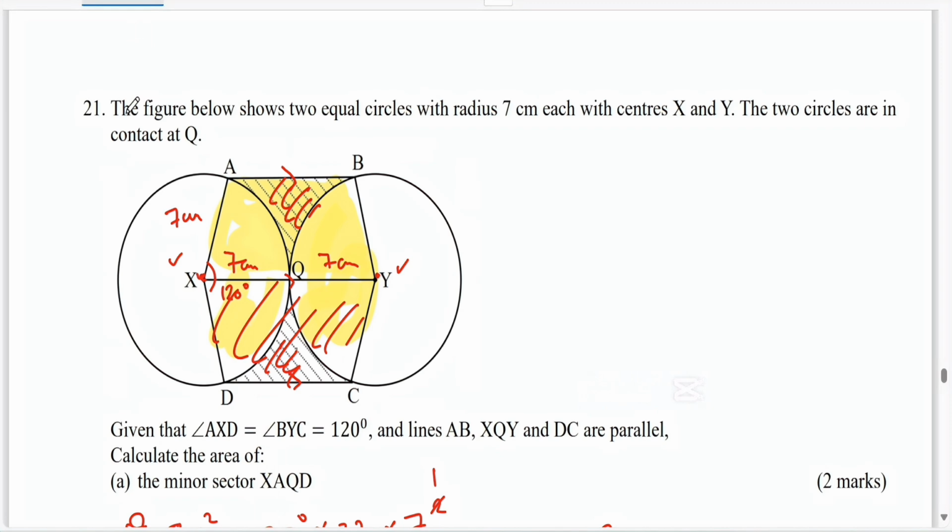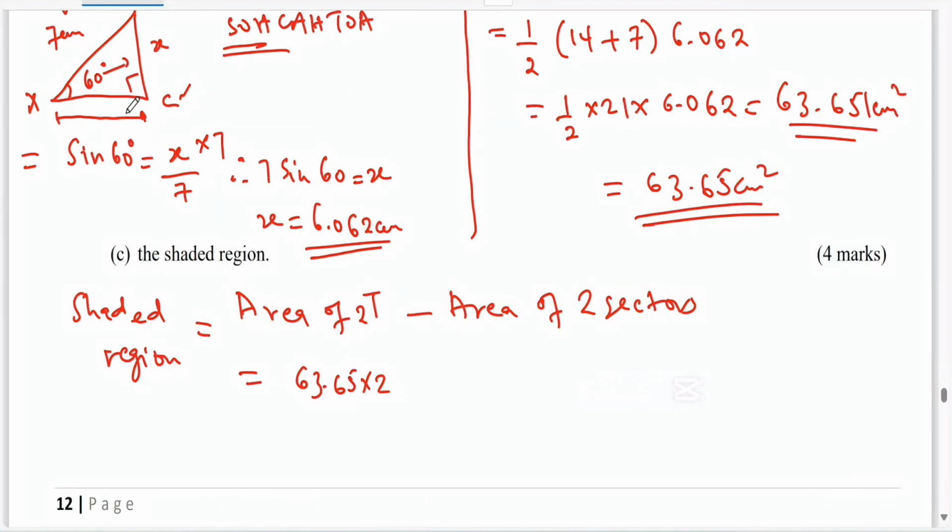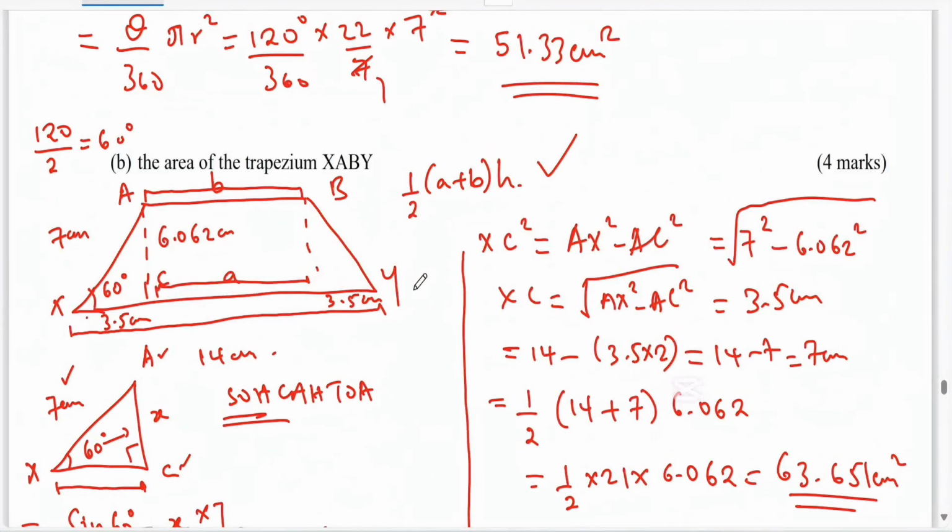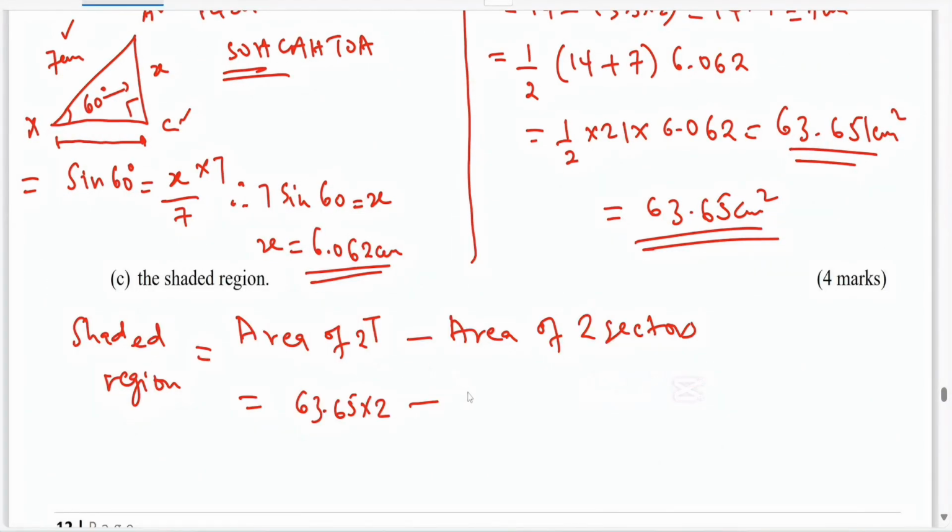So I think tumeelewana, tuko pamoja. So 63.65 times 2 minus area of two sectors, which is just 51.33 times 2. So hiyo 63.65 times 2 itakupa 127.30 minus 51.33 times 2 itakupa 102.66.